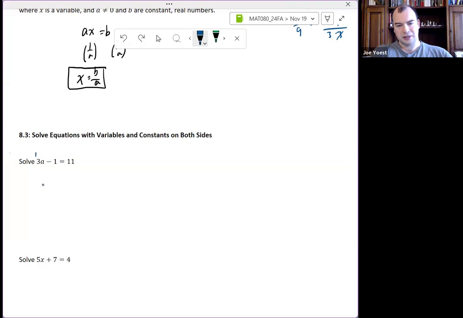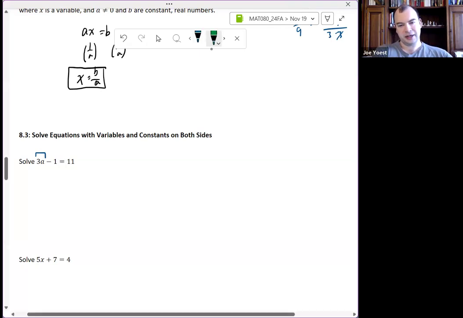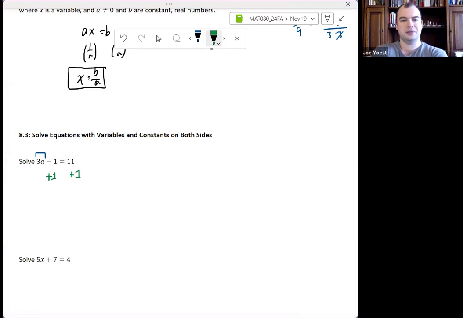What I would like to do is think of this variable term 3a, and get it by itself. I want to get 3a equals number. How do I do that? I apply an equation solving step, say adding 1 to both sides. I have 3a minus 1. If I add the additive inverse to both sides, if I have minus 1, then I add plus 1 to both sides.